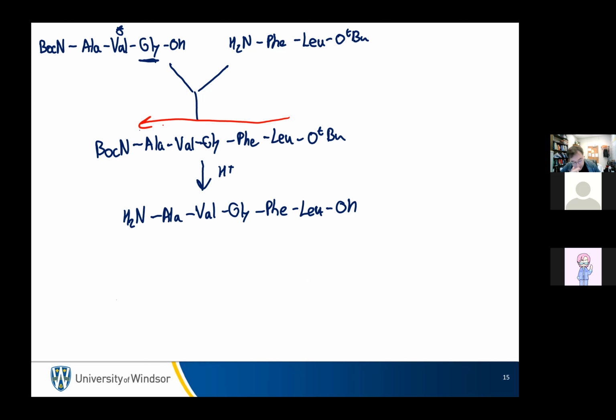The other thing I want to point out is what we did was called a convergent synthesis. So don't make one amino acid at a time. That's really weird.